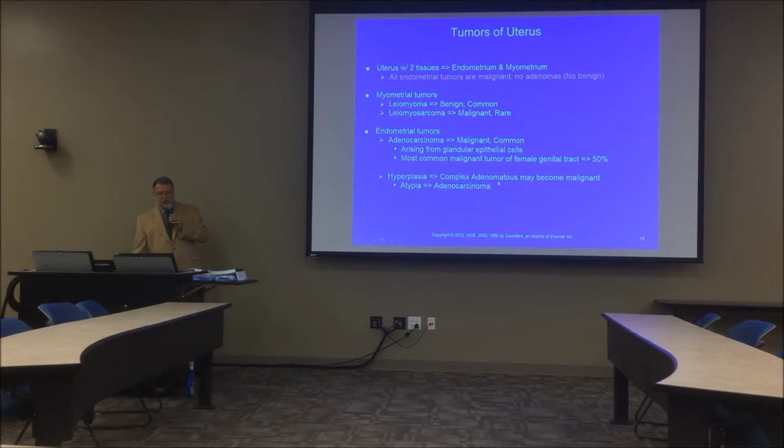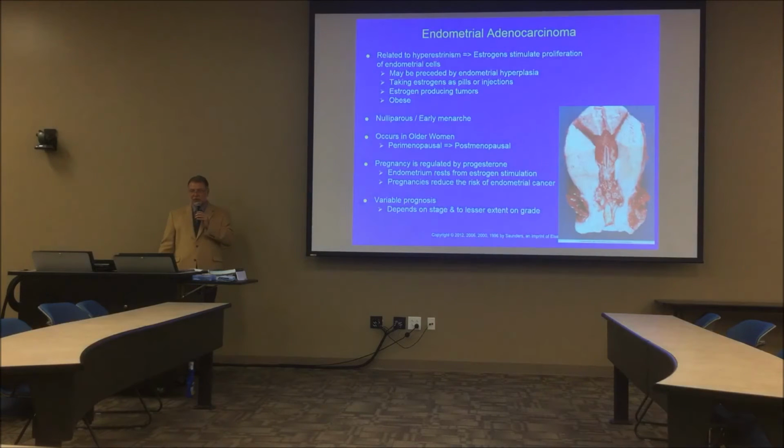Hyperplasia means just the changes of that gland, with the possibility of becoming malignant. So some atypia following that hyperplasia will lead to adenocarcinoma. Endometrial adenocarcinoma has to do with certain features, like probably being overweight.